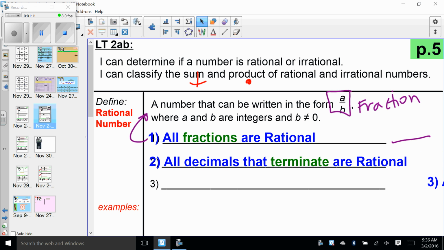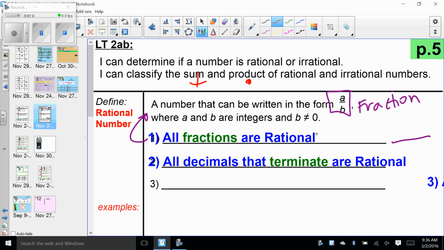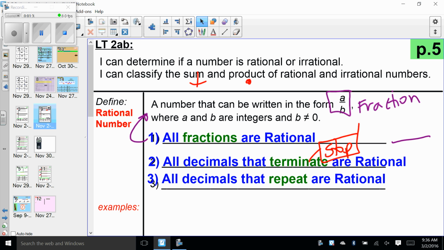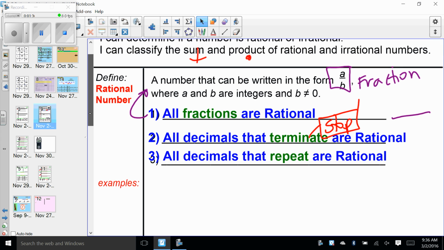All decimals that terminate are rational. So all fractions, all decimals that terminate or stop. Terminate, think of the Terminator, to stop or kill. All decimals that stop are considered nice decimals. They're rational. And then all decimals that repeat are also rational.